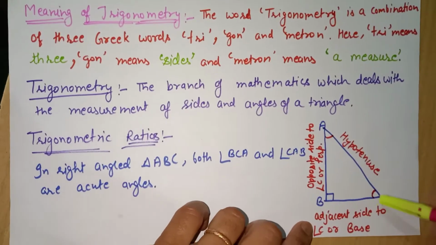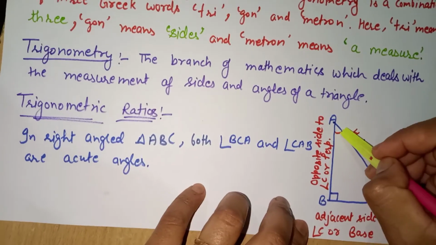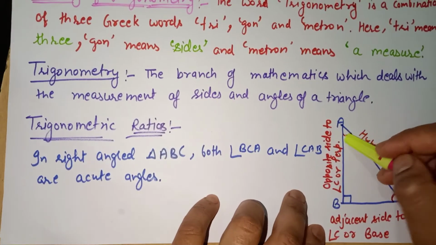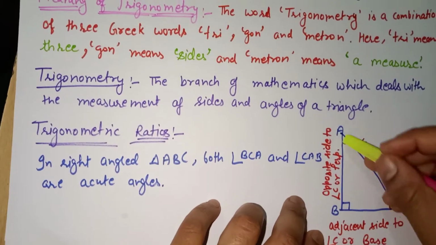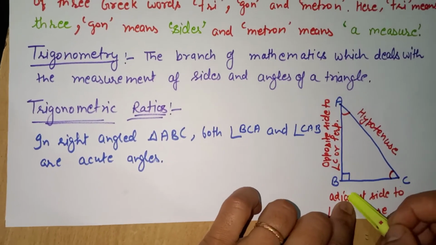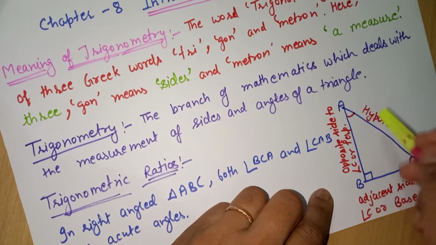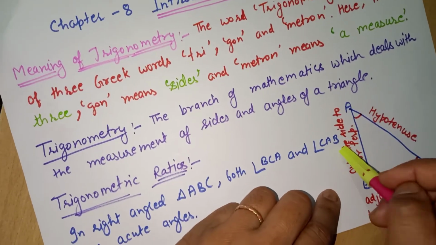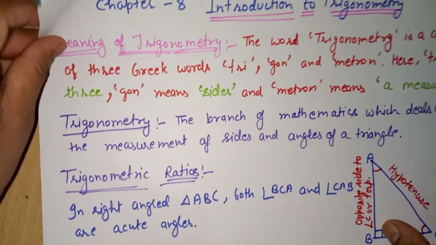Students, now here we considered the acute angle as C. Now if we consider the acute angle A, then the side opposite to it will be BC, and we will write BC as the opposite side to angle A, and side AB will be the adjacent side to angle A. Let's draw this triangle again.